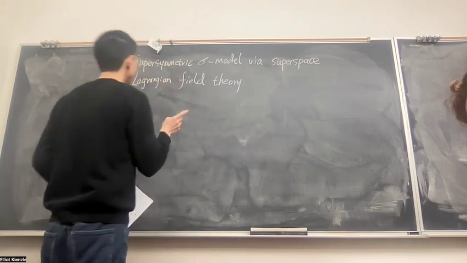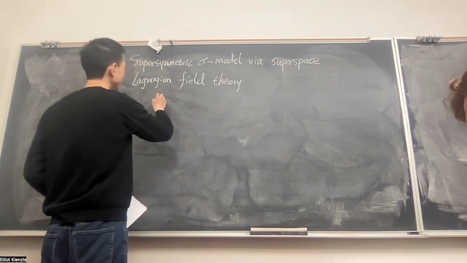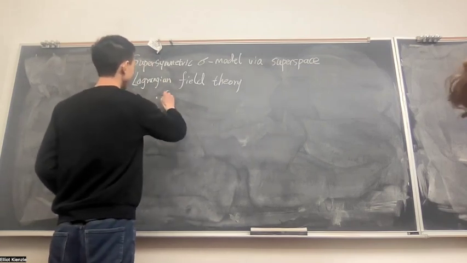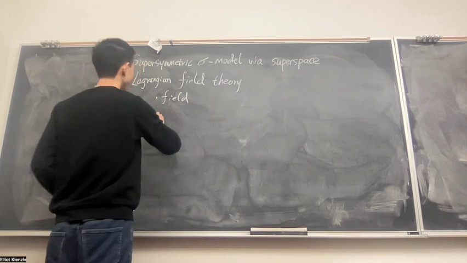Yeah, so when we talk about this, we basically need two pieces of data. One is the field, and the other is the Lagrangian.